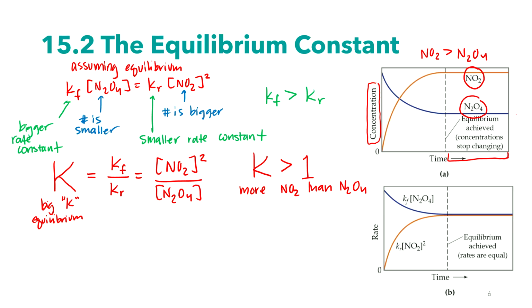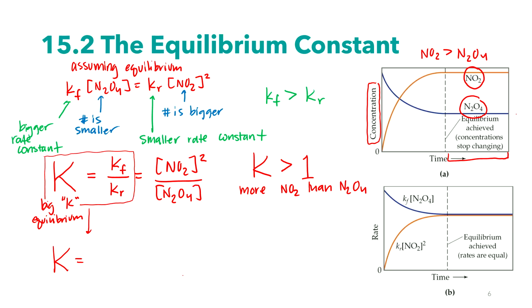For the rest of the chapter, we are primarily going to make our analysis and assessment off of the concentrations. But I want to point out something we can learn from the rate constants. So we're going to take this and bring it down and do some math. Big K equals the forward rate constant.